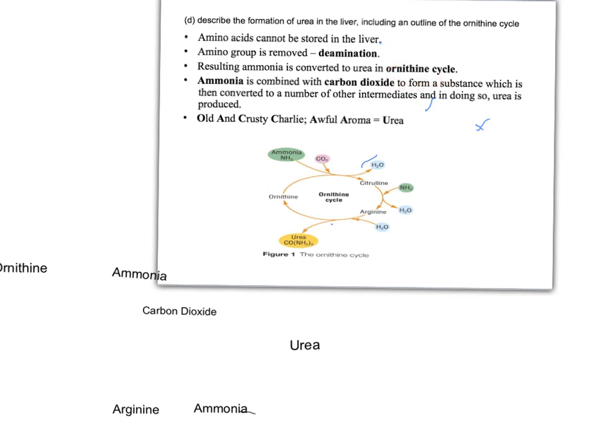We'll just go through that in a little bit more detail. So as I said, ammonia essentially reacts with carbon dioxide. It's a complicated cycle, and I'm not sure whether you actually really have to know this, although this diagram I've lifted straight out of the A-level textbook, so I suspect there is an expectation for you to know this. You should certainly be able to understand it.